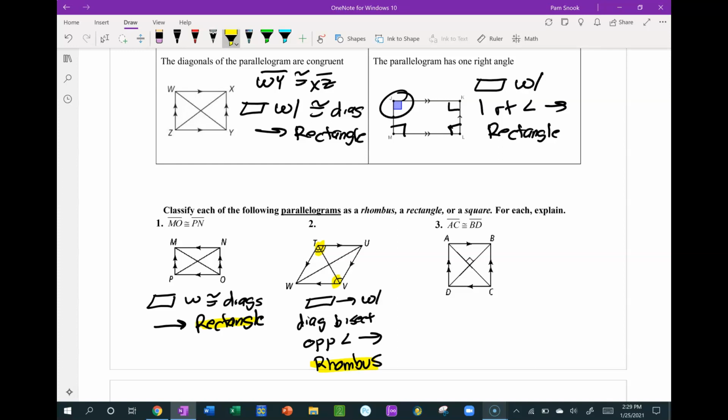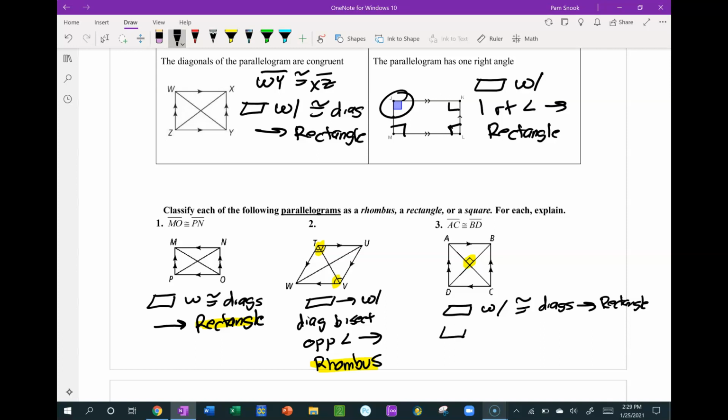Last one. I'm told that AC is congruent with BD. So I have a parallelogram with congruent diagonals. That implies rectangle. I also have marked in my picture right there, I've got a right angle in between those diagonals.